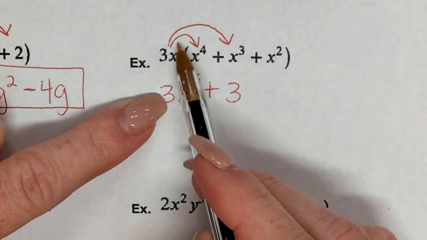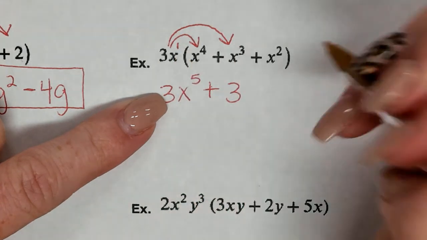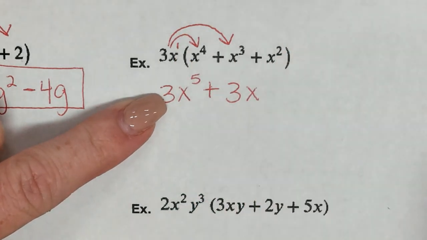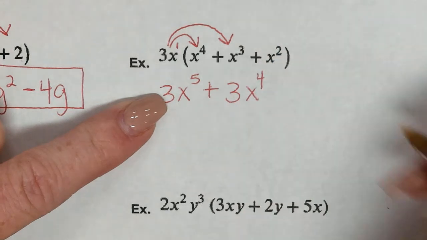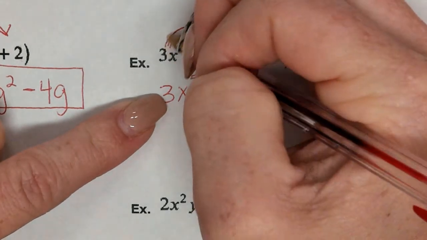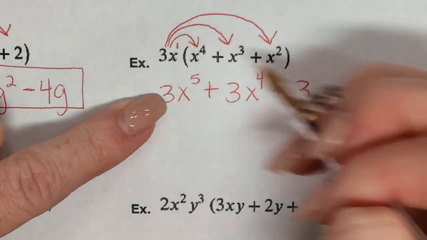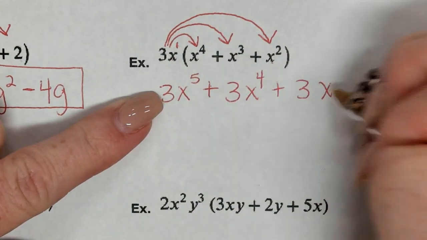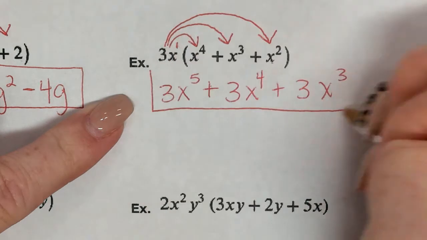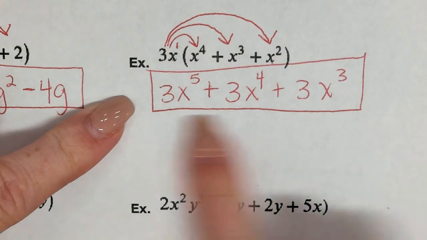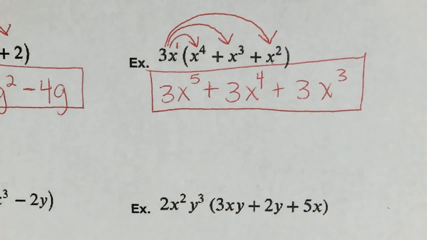Okay, and x to the 1st times x to the 3rd is x to the 4th. Bring my next sign down. 3 times 1 is 3. And x to the 1st times x to the 2nd is x to the 3rd. I cannot combine anything because their exponents are different now. How'd y'all do? Good? Perfect.